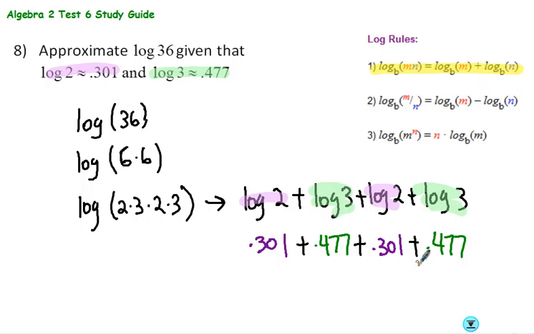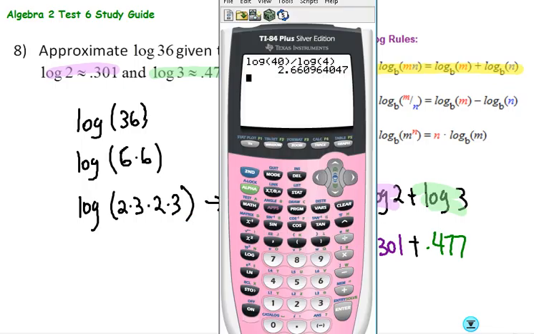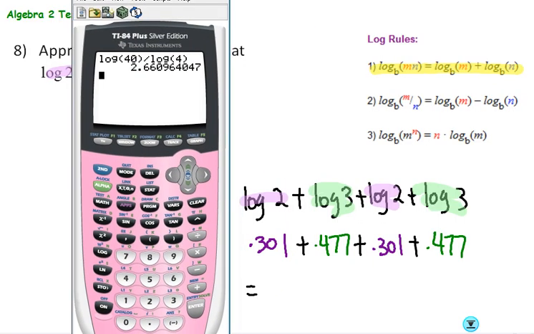Since we're using a calculator here, we can use it to tally all of that up. Let's clear out what we had. We're just going to do 0.301 plus 0.477 plus 0.301 plus 0.477. Too many 7's.